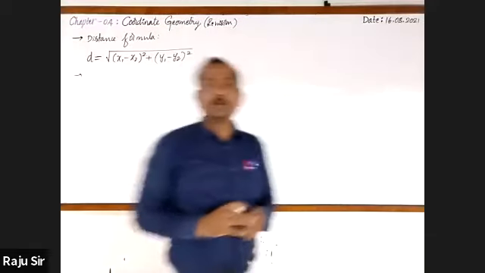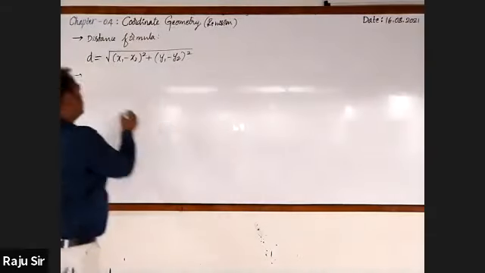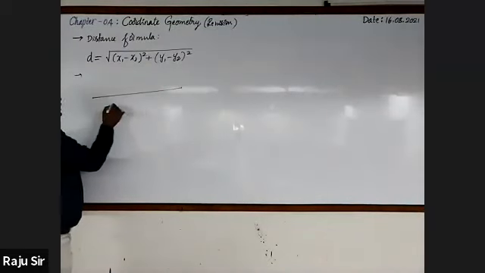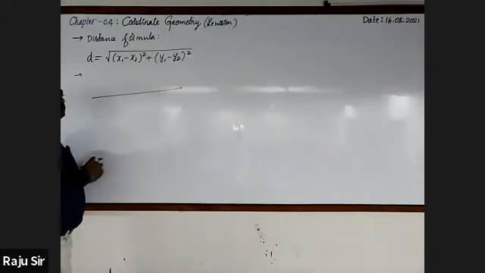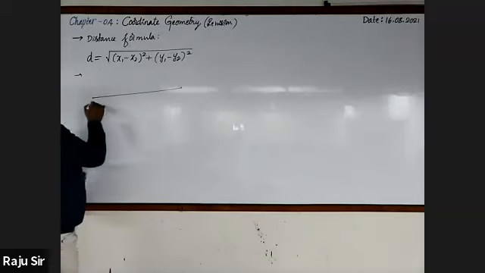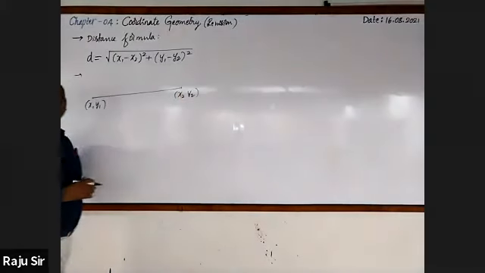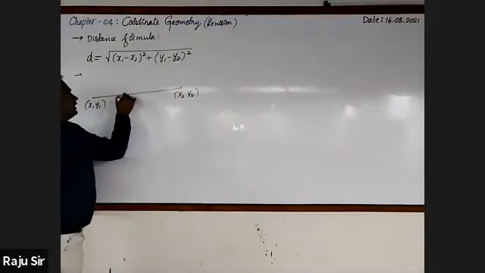Next, second one. Here we have the line which joins the 2 points. One is x1, y1. Second one is x2, y2. And there is a point on this line.